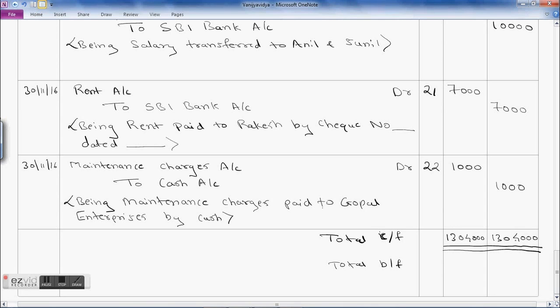That error you won't understand if the total is same. So if you pass all the entries as per the golden rule, and check this total, then you can be assured that 90 to 95% of your entries are correct.